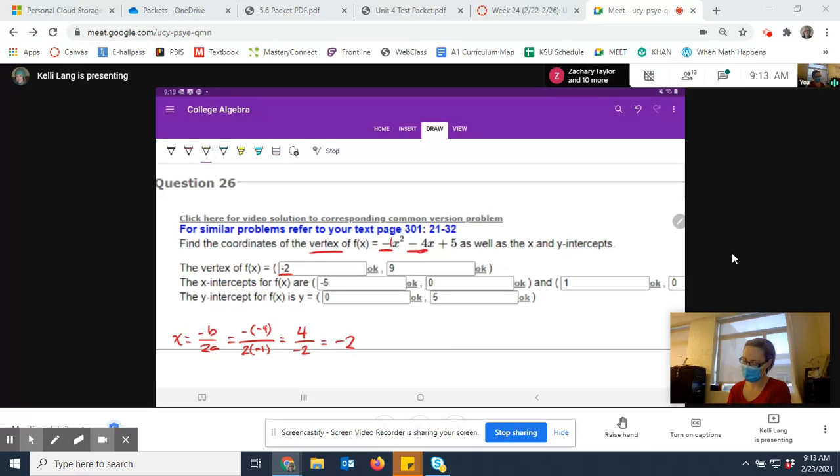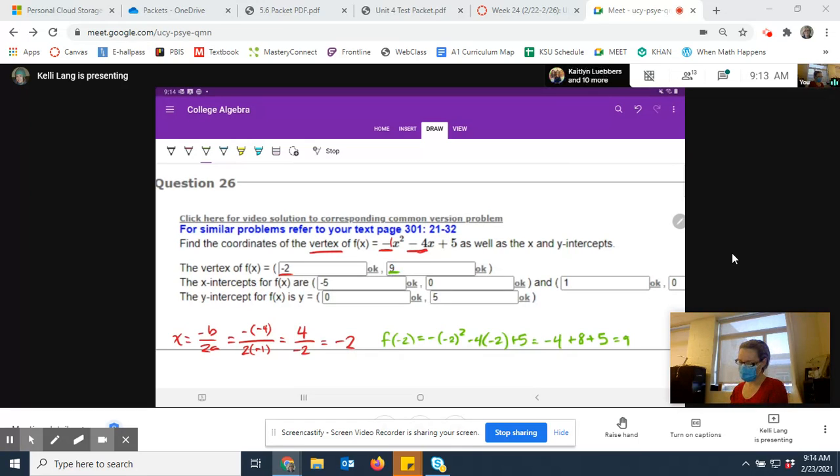Now to find our y value, we have to take f of x, and we're going to plug in negative 2. So that gives us negative 4 plus 8 plus 5, which simplifies down to 9. So that's our y value here, and we're done with the vertex.